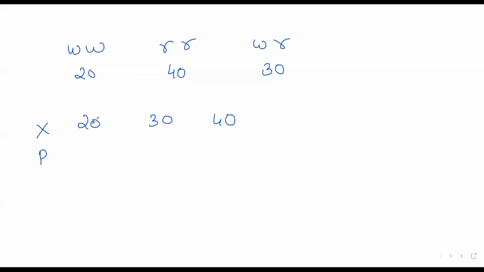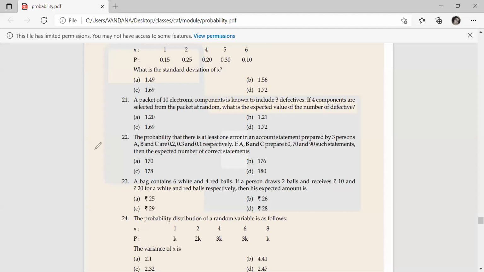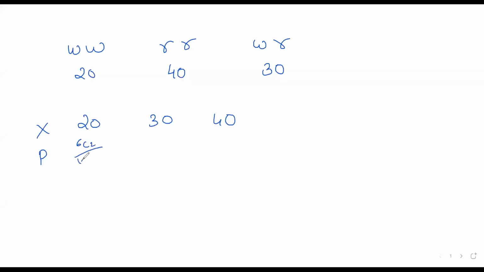2 व्हाईट बॉलची प्रोबॅबिलिटी काय येईल? 6 white, 4 red balls. 6C2 upon 10C2. एक रेड एक व्हाईट 6C1 into 4C1 upon 10C2 आणि 2 रेड बॉल 4C2 upon 10C2.